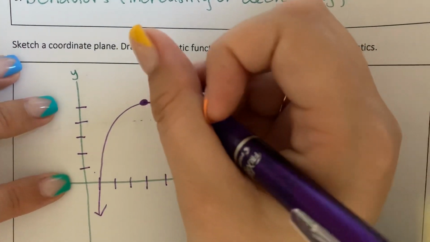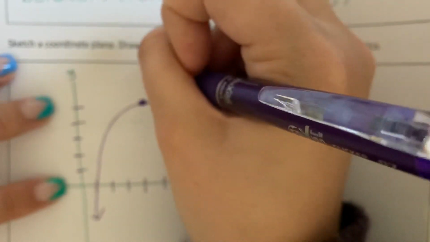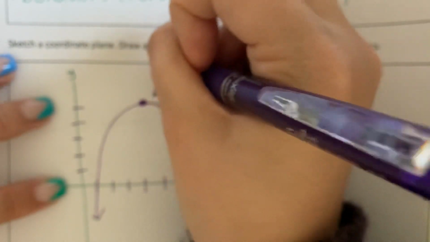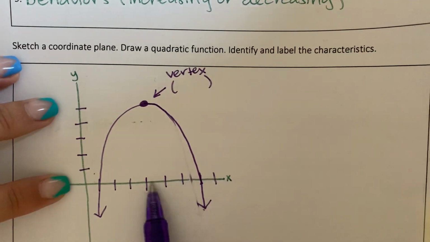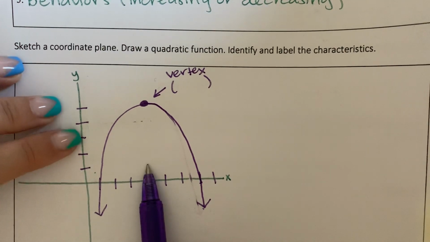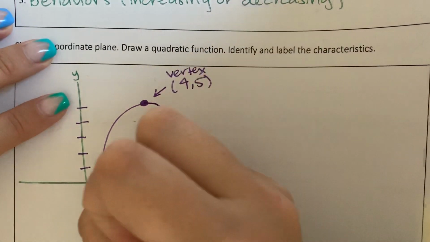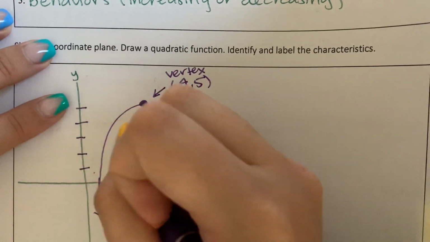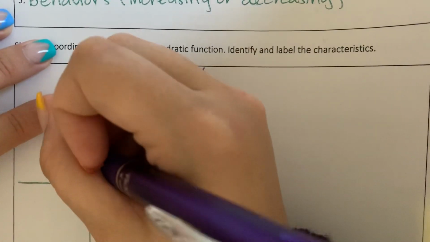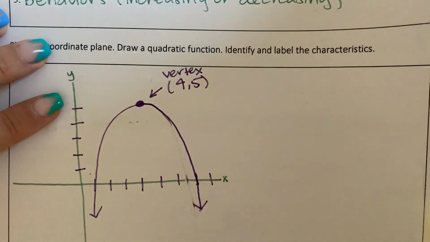Okay, so my vertex is at the point (4, 5), right? Here's 1, 2, 3, 4, and 1, 2, 3, 4, 5, okay?